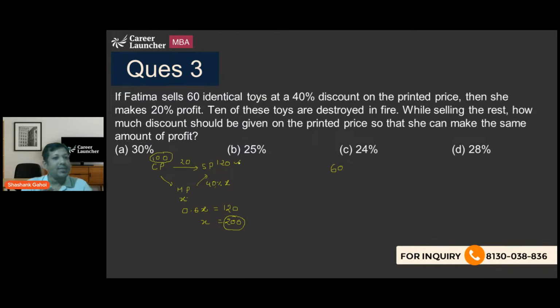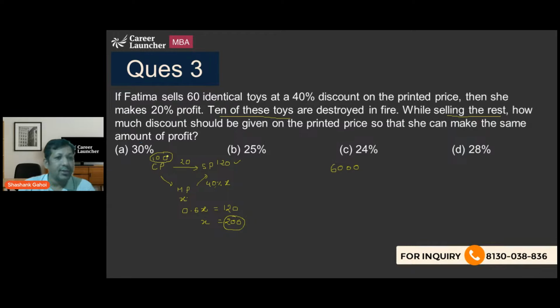Now let's read the question and figure out what we are supposed to do. 10 of these toys are destroyed while selling the rest. How much discount should be given on the printed price so that she makes the same amount of profit? So for 60 toys, the total cost price was 6,000, right?